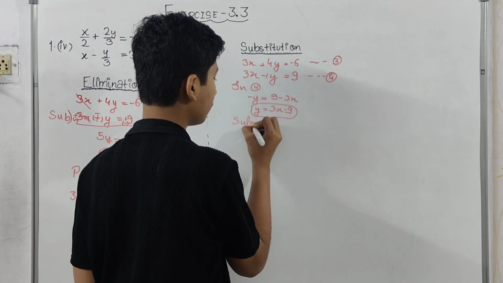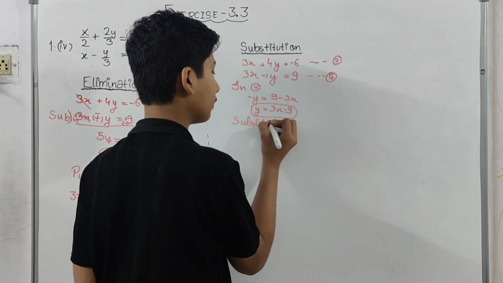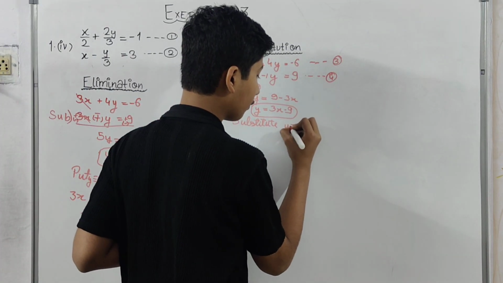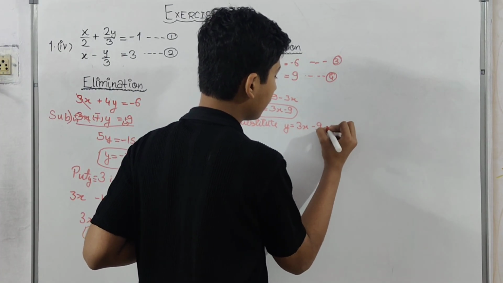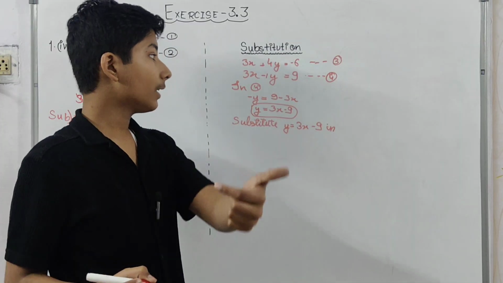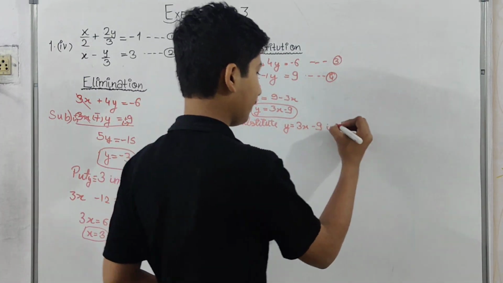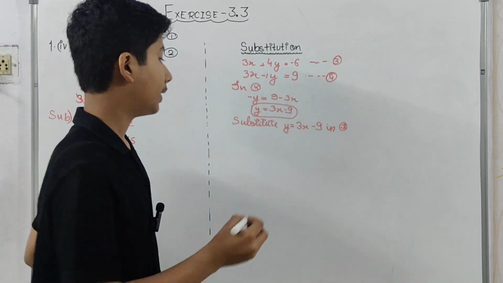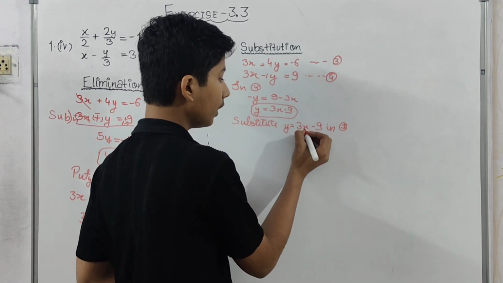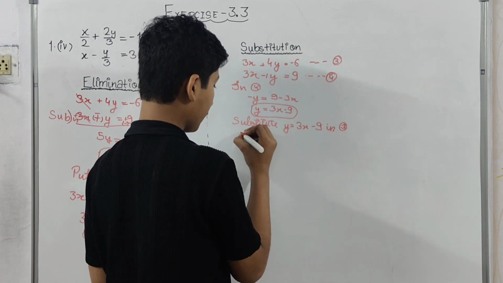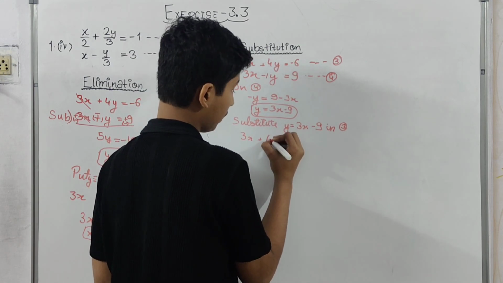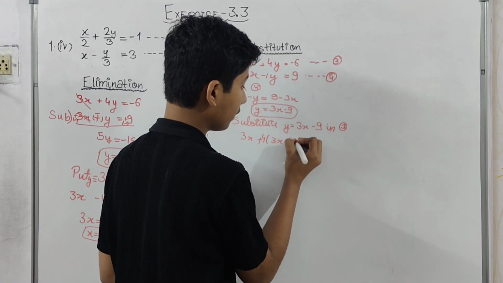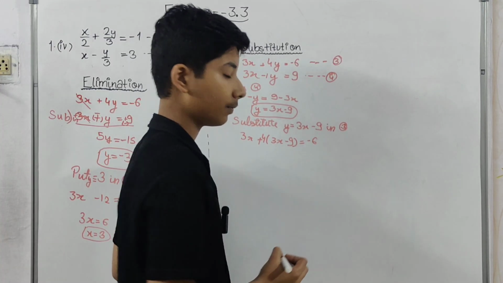We will substitute this equation, y equals 3x minus 9, in the next equation, which is equation 3. Now if you substitute this, you will get 3x plus 4 into (3x minus 9) equals minus 6.